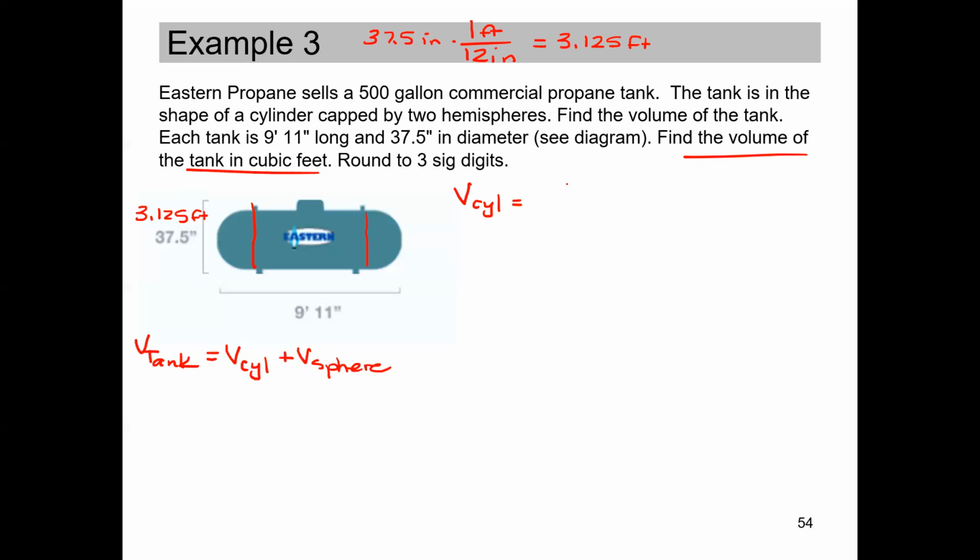V equals pi r squared h. Yep, you got it. So the volume of a cylinder is going to be pi r squared h. Now the volume, that would be the inside here. We'll use that information. So I'm going to need to know my radius and my height, and we'll talk about that in a minute. And then we need the volume of the sphere.